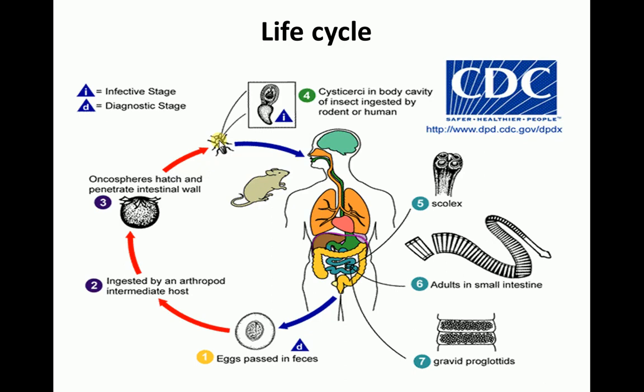Mode of infection is by ingestion of the intermediate host containing cysticercoid. After ingestion, cysticercoid goes to the small intestine, attaches to the mucosa by the 4 spherical suckers, and begins to form the other segments of the worm.